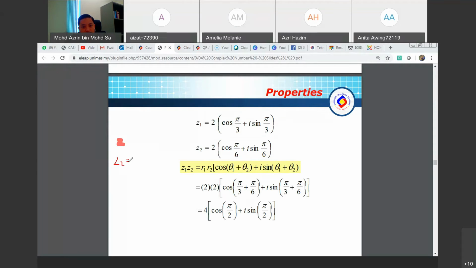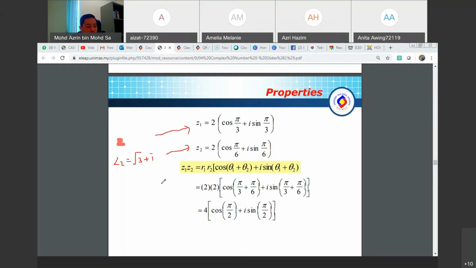Z2 equal to square root 3 plus I. So this is its value in terms of complex polar number.